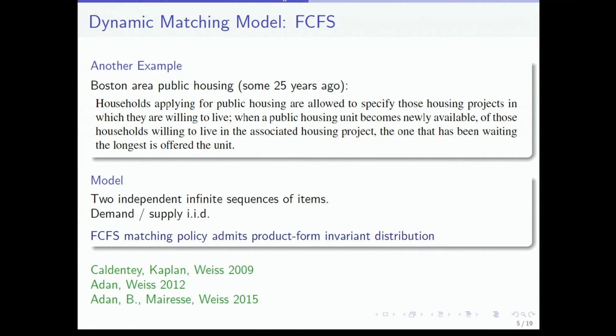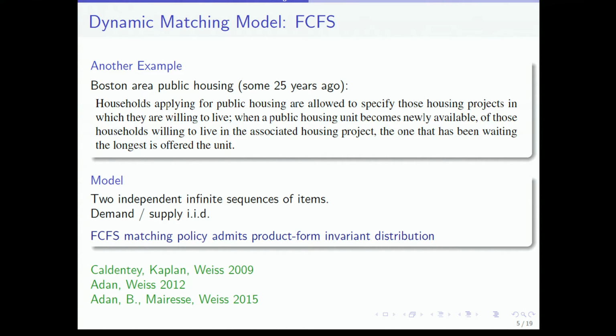In that case, because of transparency of the program, it didn't make sense to do anything other than a first come first served policy, which means that a family that arrived first would get the house that was sitting there and that they were compatible with.